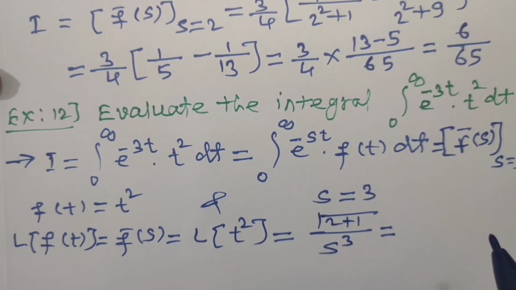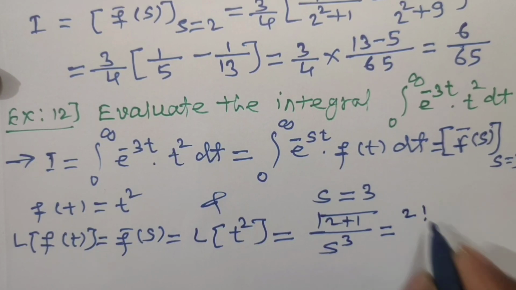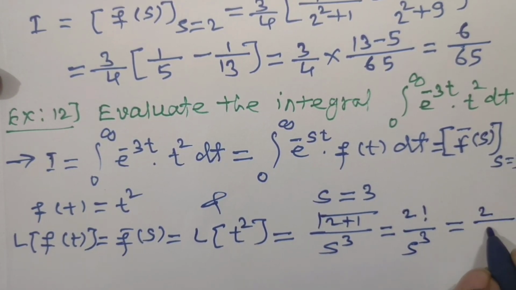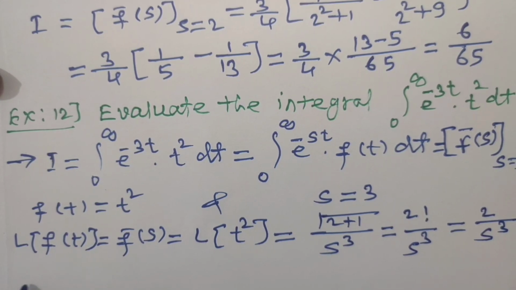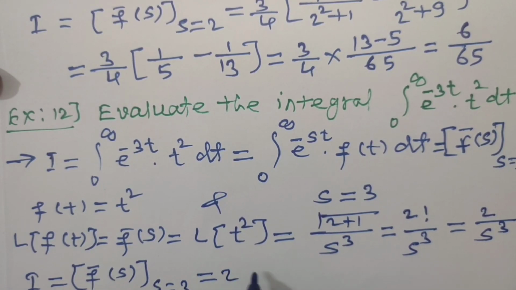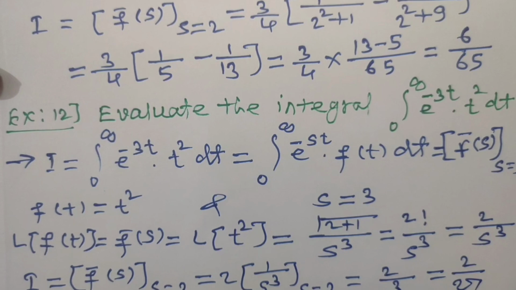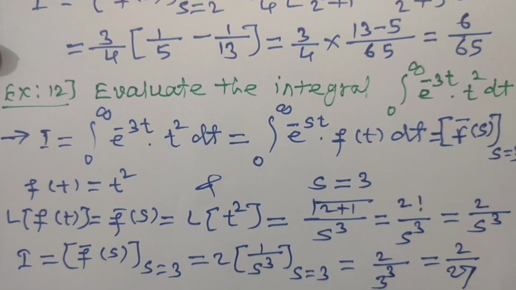Gamma 3 is equal to 2 factorial, and 2 factorial is equal to 2. So 2 factorial divided by s cube, that is 2 upon s cube. Hence I is equal to f bar of s, replacing s by 3. So this is equal to 2 into 1 upon s cube, where we are replacing s by 3. So 2 upon 3 cube, 2 upon 27, and this is the answer.